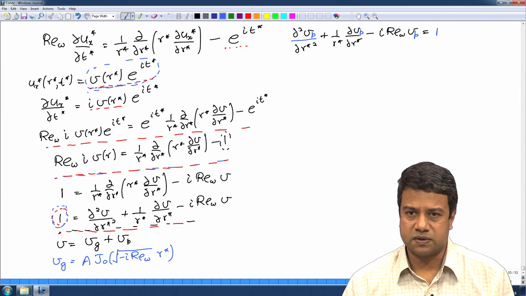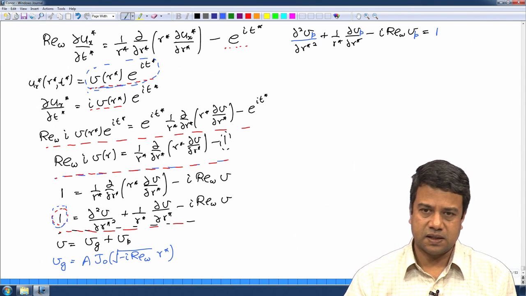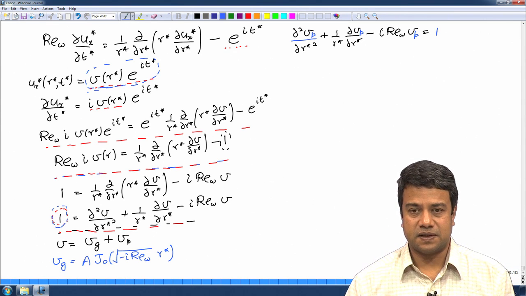So, I can just choose the simplest one. And the way you find the solution is to first test, does a constant satisfy this equation?